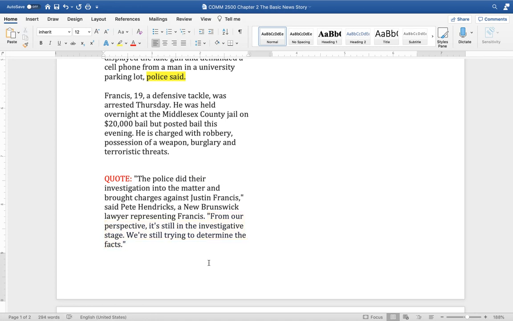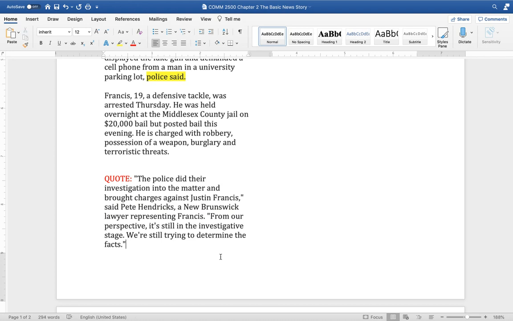And when you have 2 sentences, you want to put your attribution, who said what, who's giving you this information, in the middle, because it breaks up the quote for the reader. The reader isn't just reviewing this long quote. It's broken up a little bit. And it also gives them some clues to where this information is coming from.